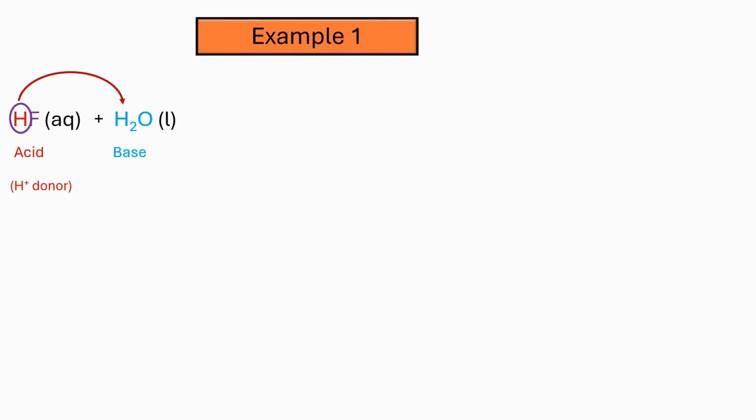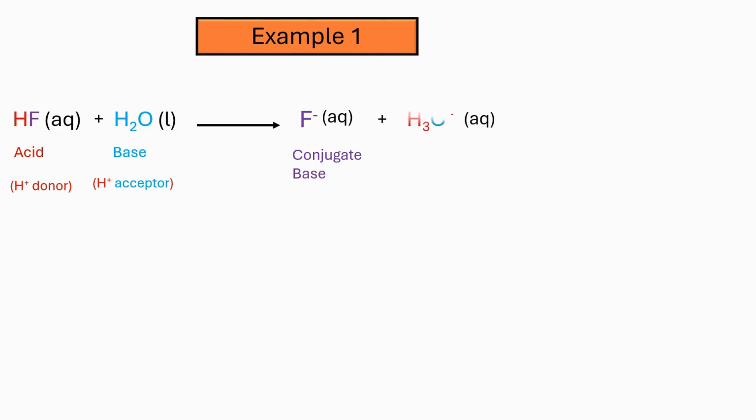Water would be the base because it accepts the proton, and that would give us fluoride ion, which would be a conjugate base, plus hydronium ion, which would be a conjugate acid. So hydronium ion can donate its proton to fluoride ion, and that reaction will go backward to produce hydrofluoric acid plus water.